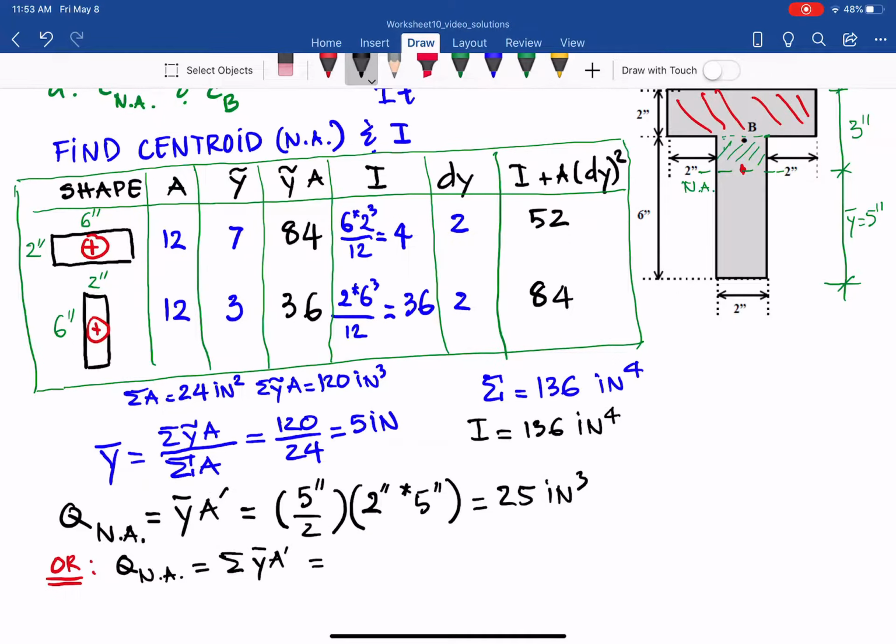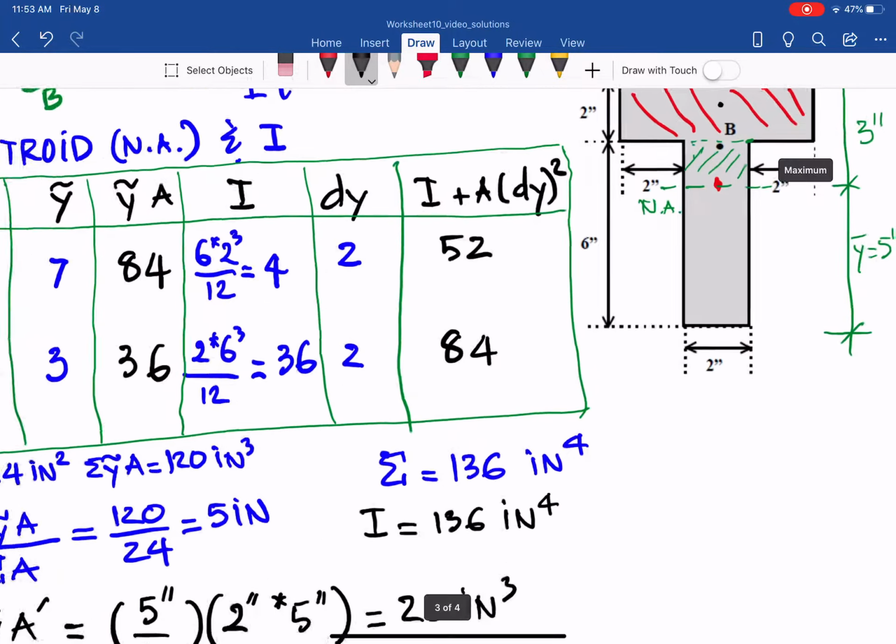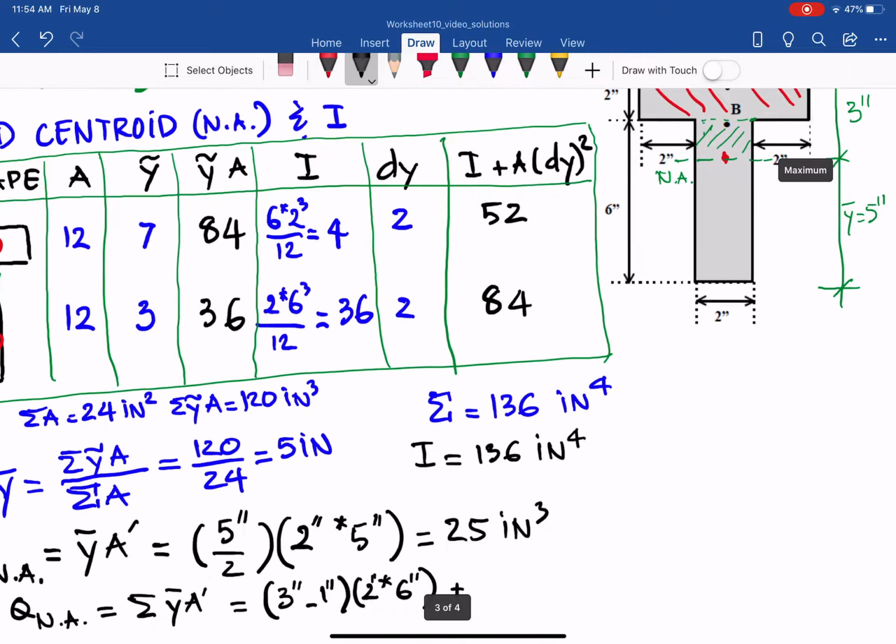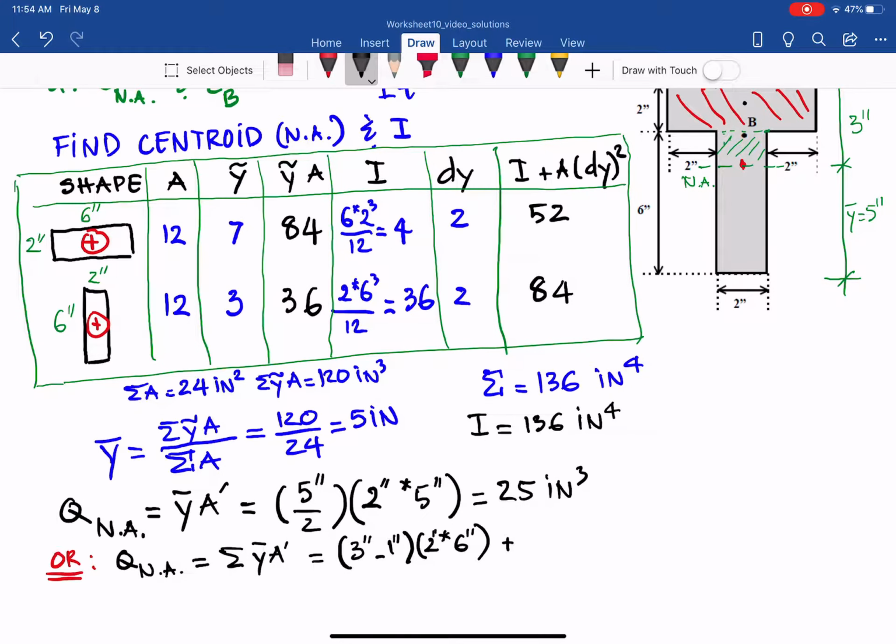It equals y bar. Here it's 3 and 2: 3, as you see there, and 2 is the thickness, to the centroid of that red area, the black dot in there. So that is 3 inches minus 1 inch, that is y bar, times the area, 2 times 6 inches for the flange, plus for the green shaded area, it equals 3 minus 2, so as you can see, 1.